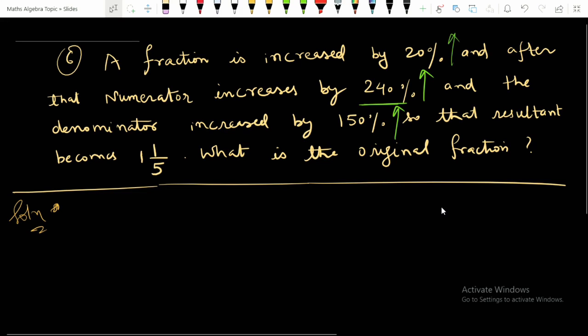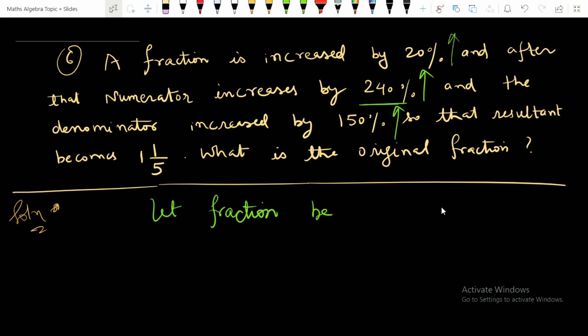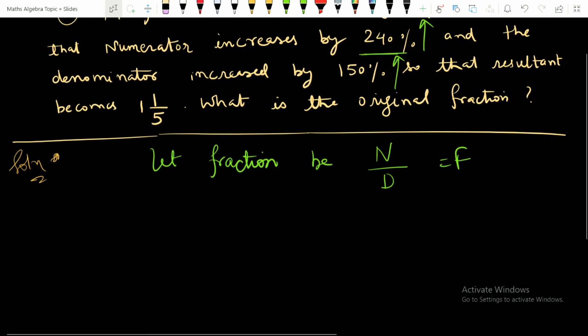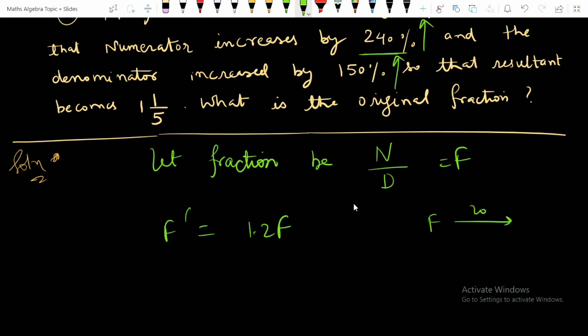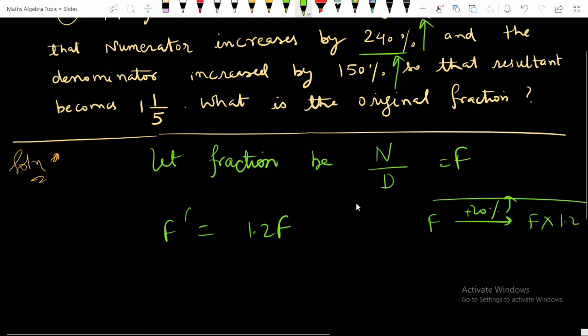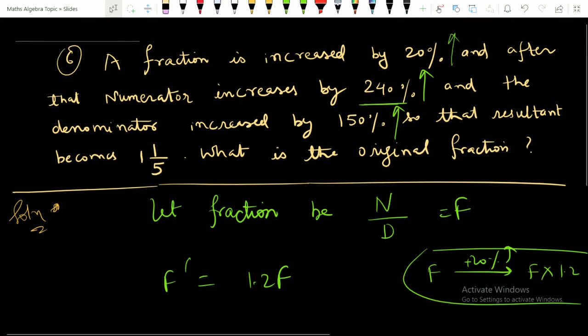Suppose let the fraction be n by d, that is f. First of all, the fraction is increased by 20 percentage. It means f dash equals 1.2 of f. If f is increased by 20 percentage, it will be 1.2.